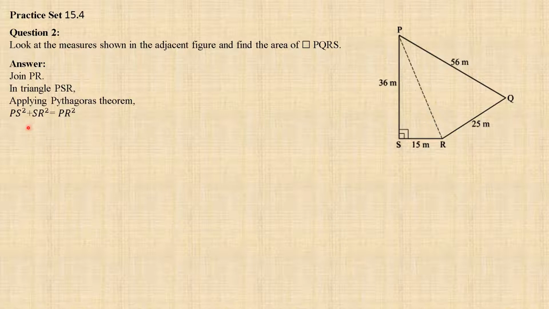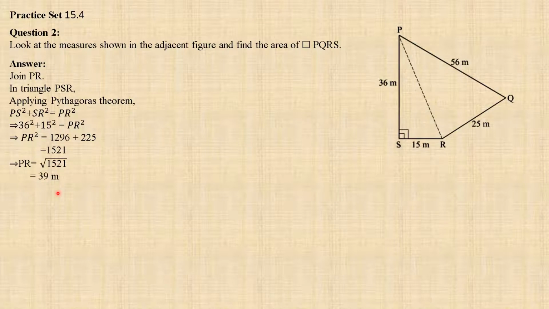By Pythagoras theorem, we get PS square plus SR square is equal to PR square. Substituting the values, PS is 36, so 36 square, plus SR is 15, so 15 square. So PR square will be equal to 1296, that is square of 36, and square of 15 is 225. So 1296 plus 225 will give you 1521.